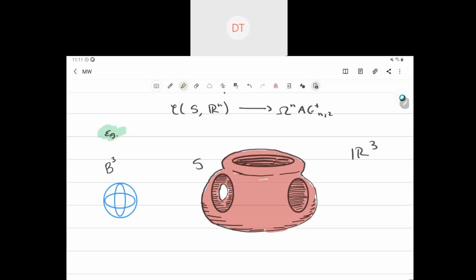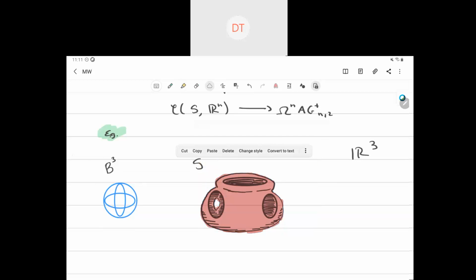If we have a scanning map that scans with lenses of this size, just like in the picture, but the embedding of S is like this, well, then this lens is not going to do what I want it to do. It's not going to retrieve almost flat things, right?